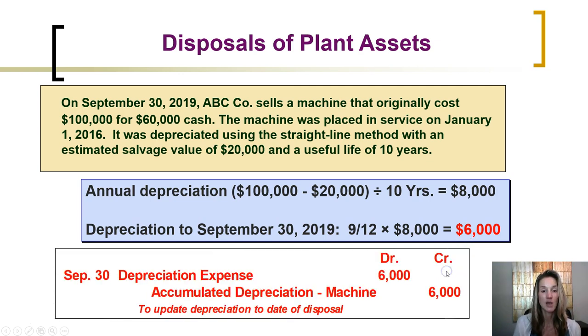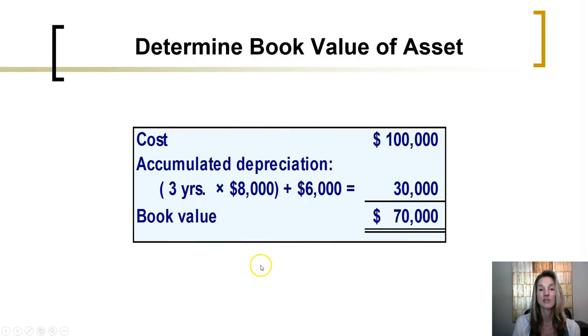So first, we update depreciation expense by debiting depreciation expense and crediting accumulated depreciation for $6,000. That means we have now updated the asset's depreciation through the last day that we have used it, the disposal date. So before we can record the actual disposal, we need to figure out what the book value is.